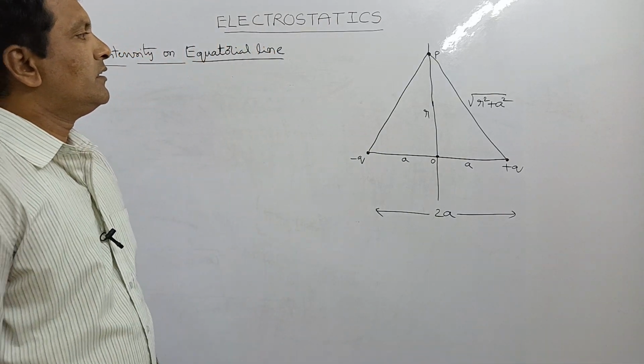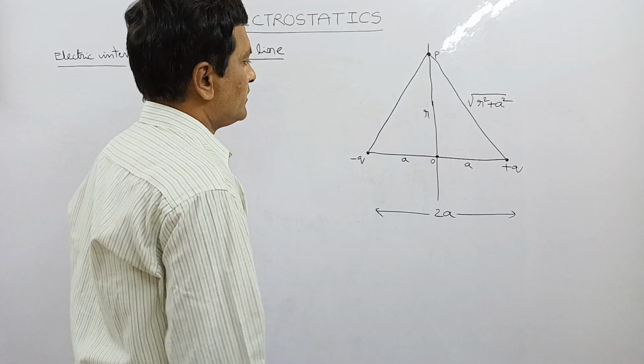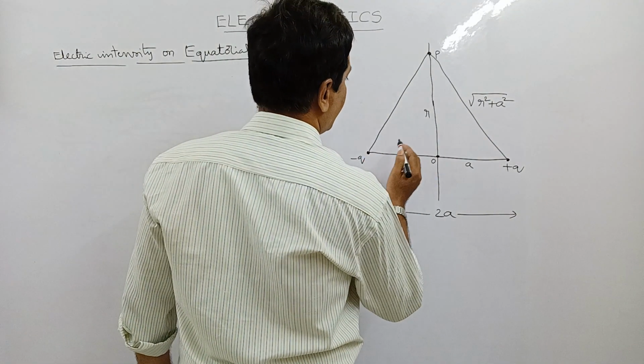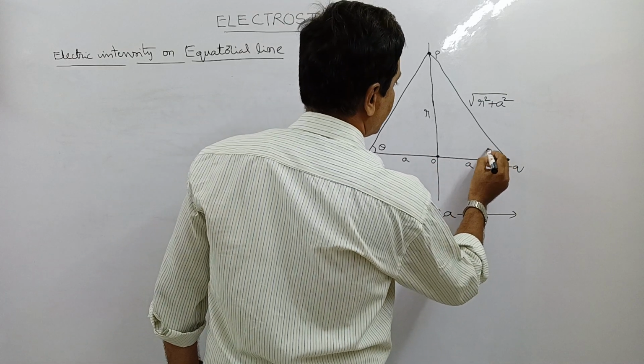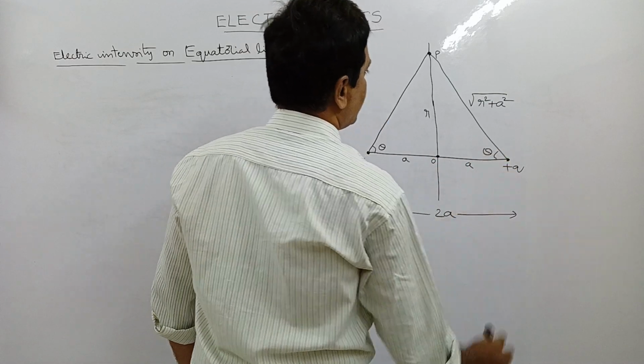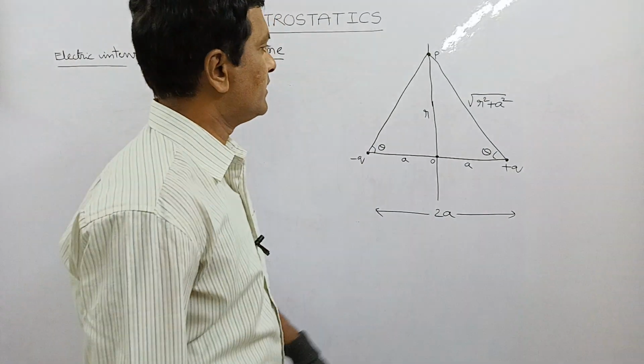The line makes an angle theta with the axial line of the dipole.